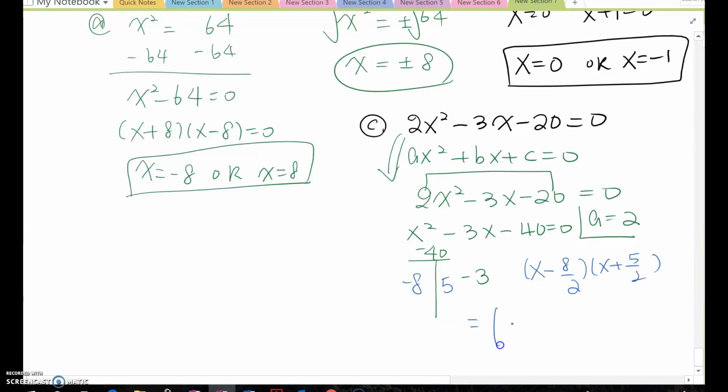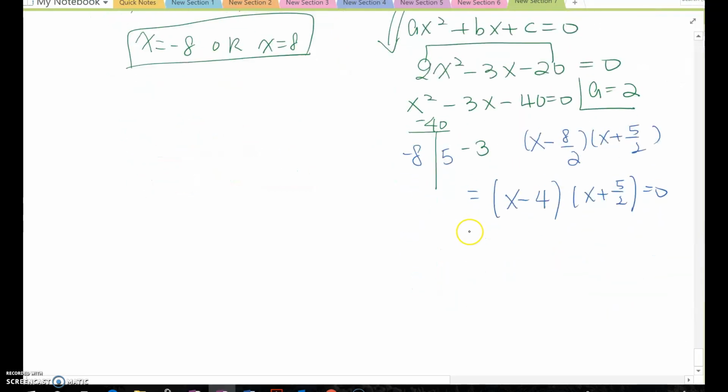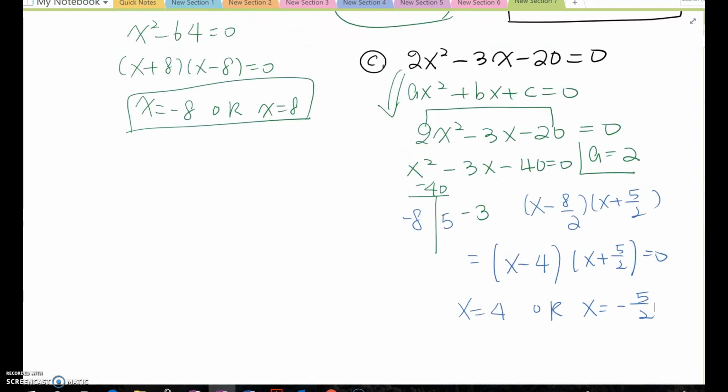So in this case, x minus 4 and then x plus 5 over 2 equal to 0. If you solve that, then you will get x equal to 4 or x equal to negative 5 over 2. That will be the C answer.